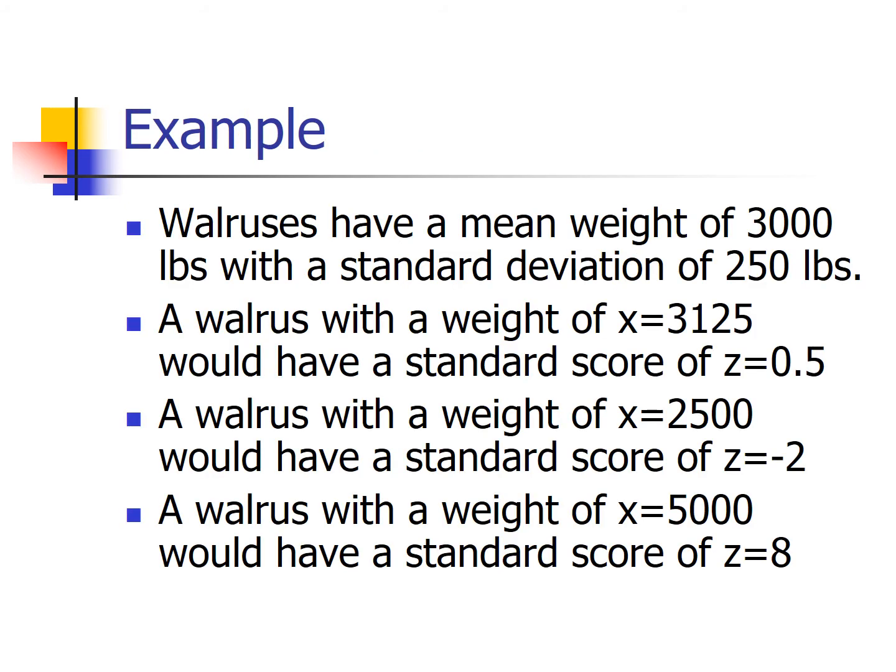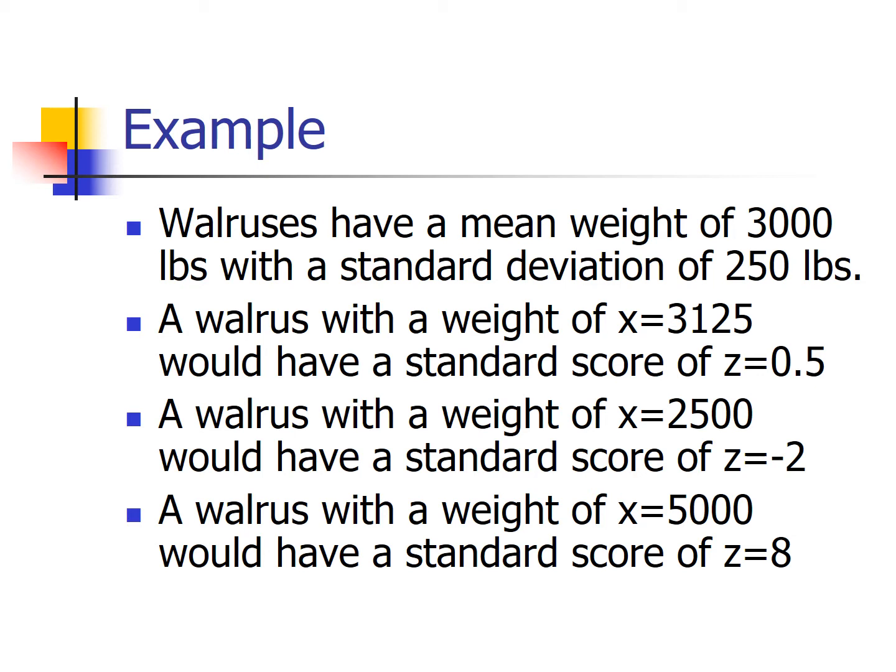So here are three examples. Walrus enthusiasts know that the average weight for a walrus, the population mean mu, is 3,000. The population standard deviation, sigma, is 250. So equipped with this information, if we went on a field trip to the Philadelphia Zoo and stumbled across a walrus who had a weight of 3,125 pounds, then their z-score would be 0.5.